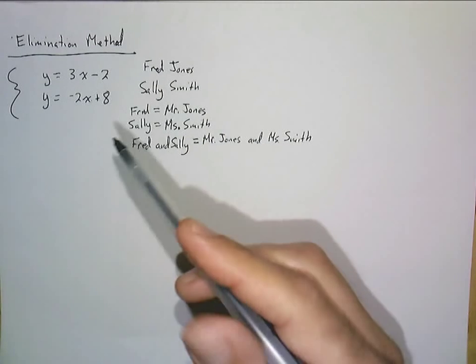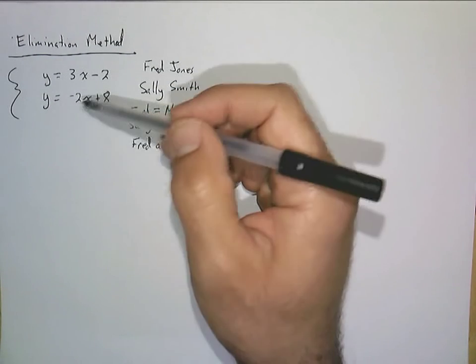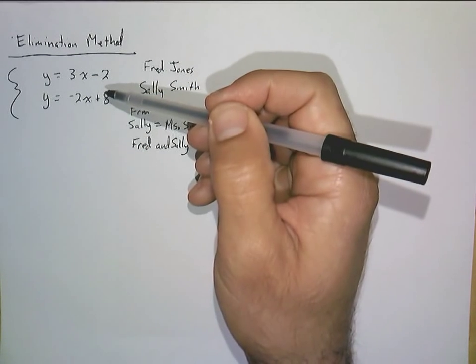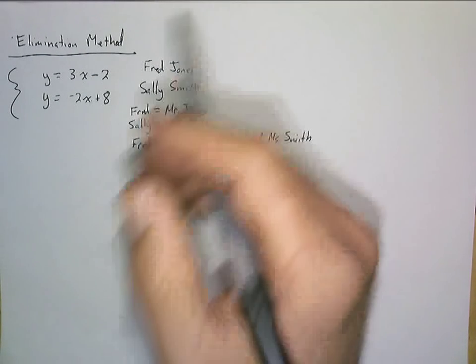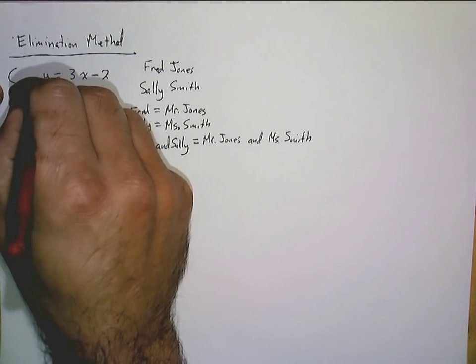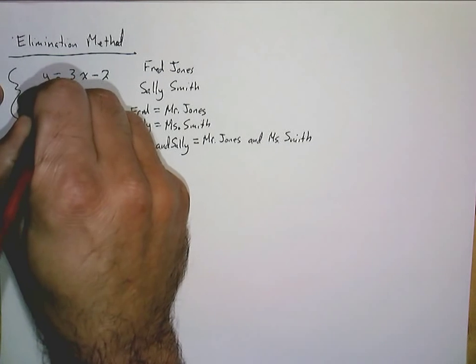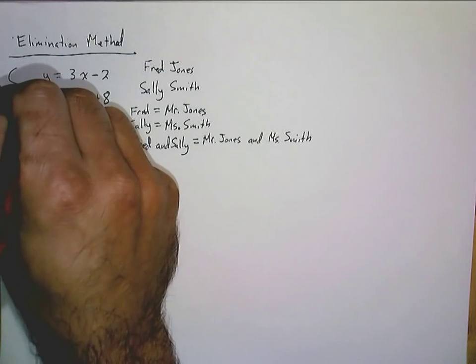So, if we add these two equations together as is, well, y plus y is 2y, 3x plus negative 2x, and nothing gets eliminated. So we're just going to make it so an elimination will happen. We're going to multiply both sides of this equation by negative 1.